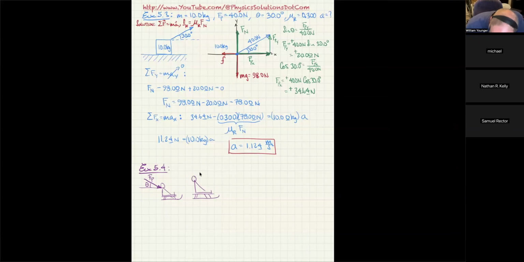And in this case, we're going to imagine that instead of pushing on his shoulders, maybe he's got a rope tied to the front of the sled, and then up at that same angle theta is that same force F_P, say. Okay, and this is supposed to be the exact same angle.